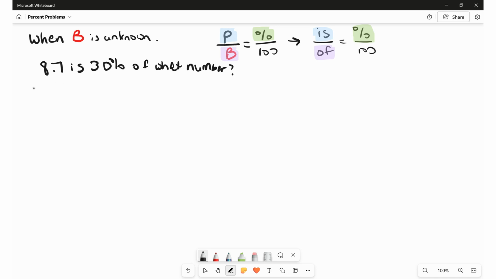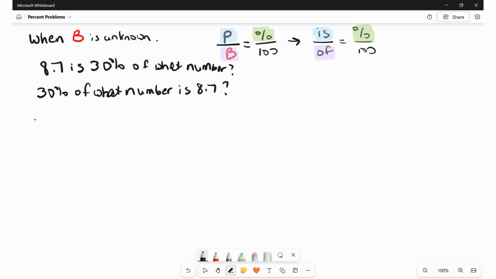Or we could see it written as 30% of what number is 8.7.